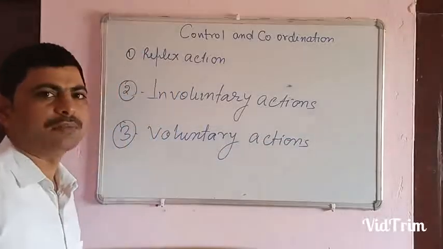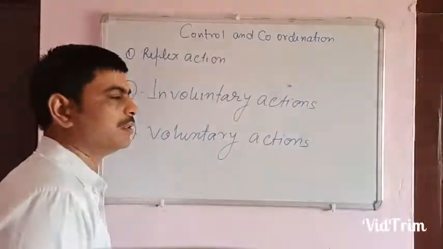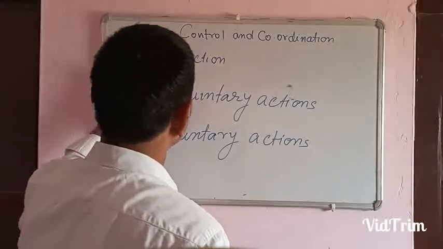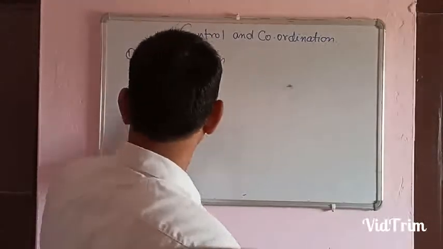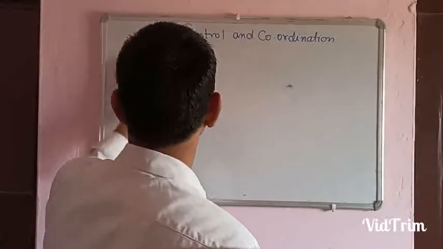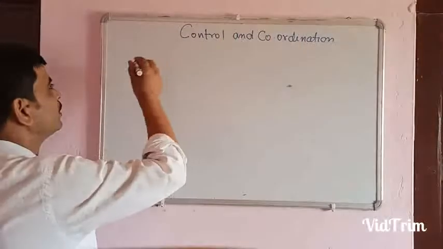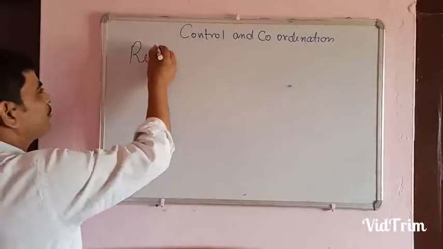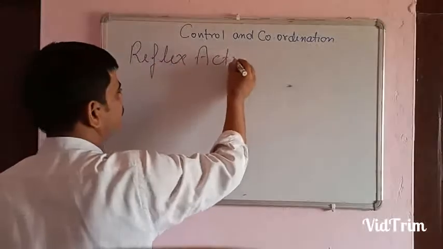Organisms perform these 3 kinds of movements to respond to a specific stimulus. So today we will study these 3 in somewhat detail. Detail is too much, so there will be some brief. Our first topic for today is the reflex actions.